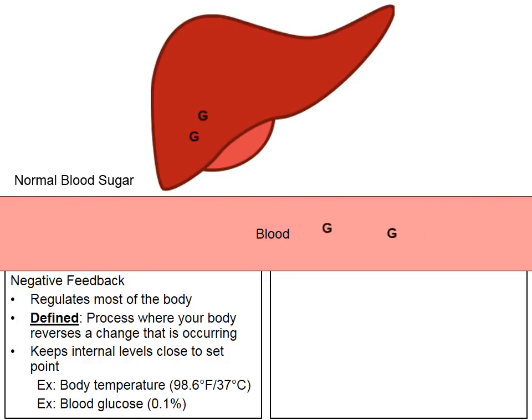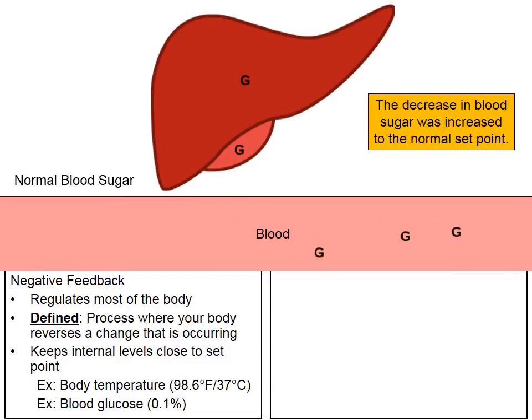That brings the level back up to the 0.1%. The liver will continue to release the stored glucose until the blood sugar is back to that 0.1%. Again, great example of negative feedback because the body has responded and returned to a normal set point.